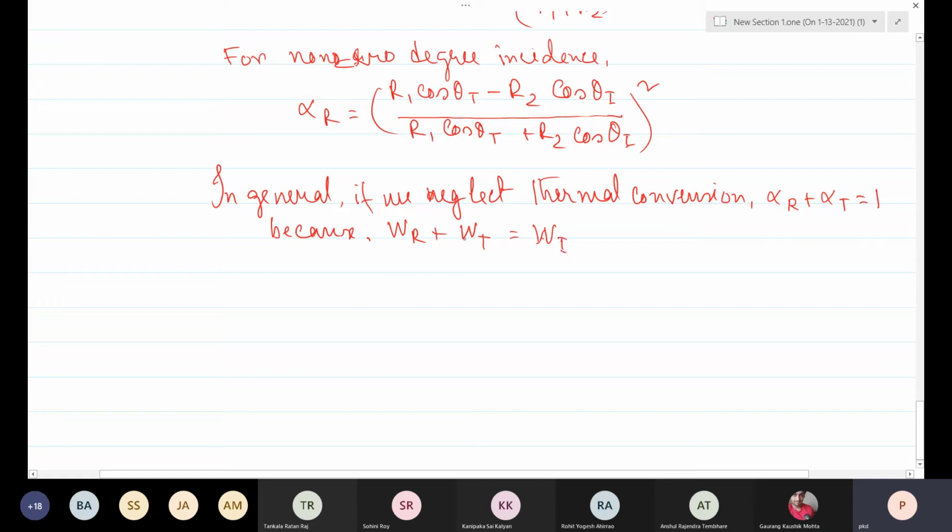So if we divide by Wi, Wr by Wi plus Wt by Wi is equal to 1. So that is neglecting that thermal conversion. There is certain energy loss to the thermal domain. So if we neglect that, then this will be established.